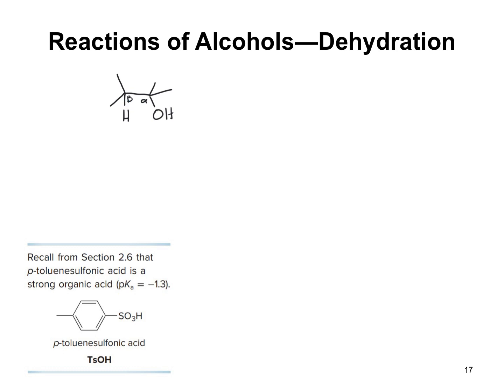And so when those are removed, we get a new alkene at the alpha and beta carbons. So we get a new pi bond. Then we also produce water. And so the way I think about this is like if you're really dehydrated, you've lost a lot of water. This is a dehydration reaction and we lose water with this. And so that's how I remember what a dehydration reaction is.